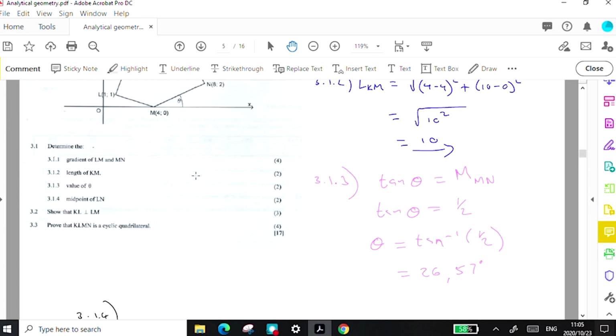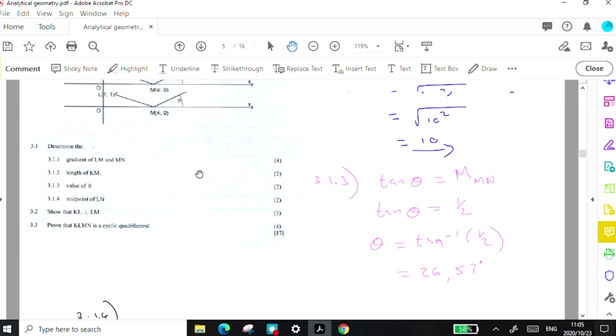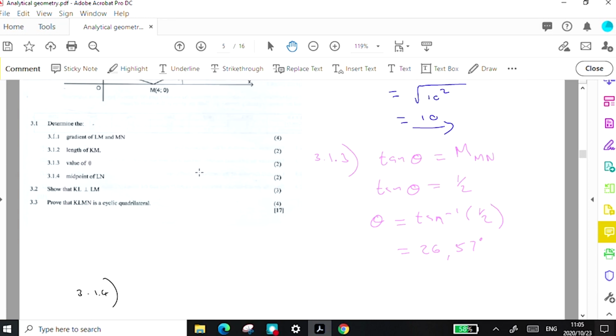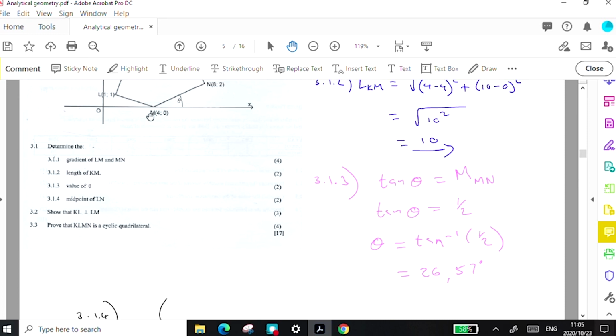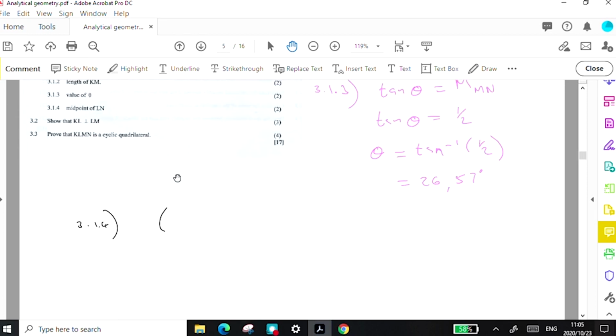The midpoint of LN would be given by the average x value, so we have 1 plus 8 divided by 2.